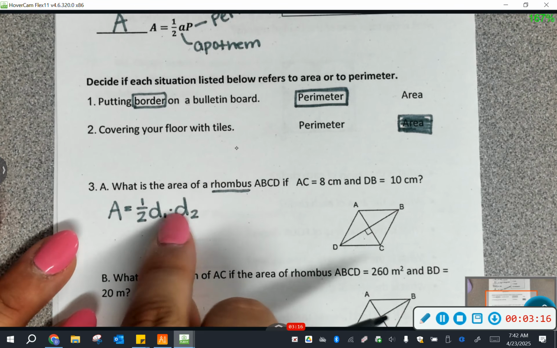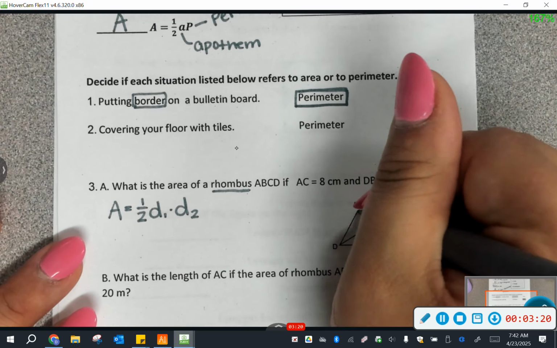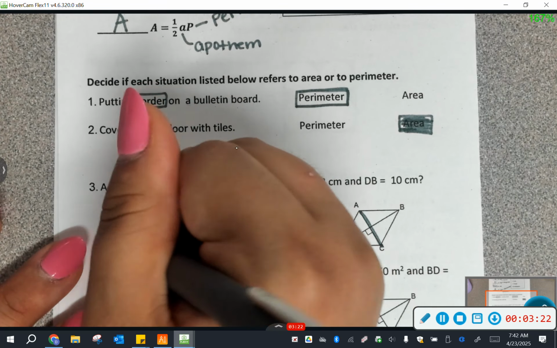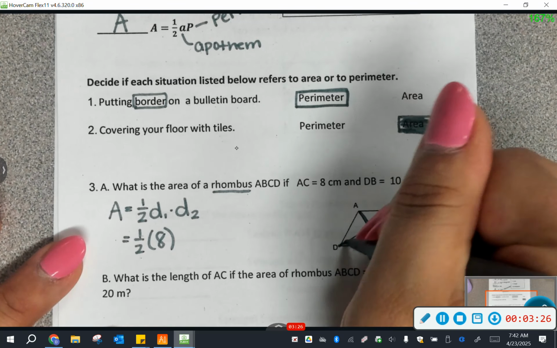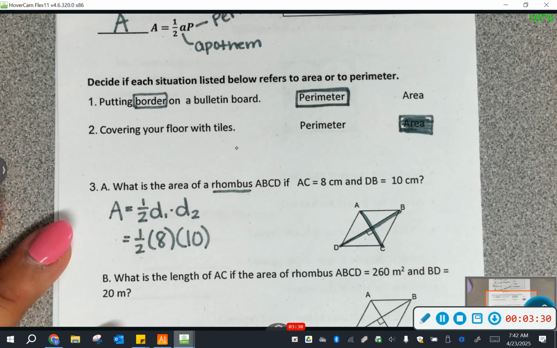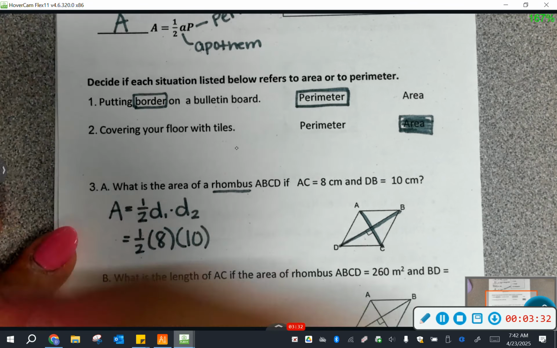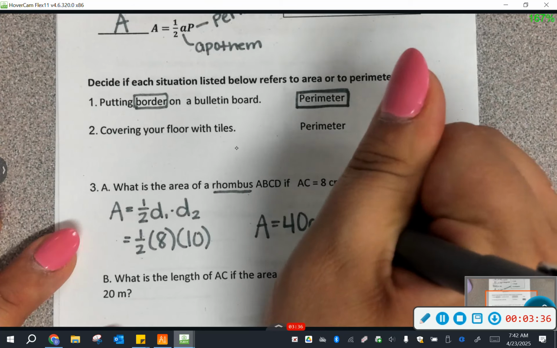Either way, just make sure you pay attention, it's times. It tells you AC, this whole diagonal, is 8. And BD, this whole diagonal, is 10. What is 8 times 10? And half of that? My area is 40 centimeters squared.